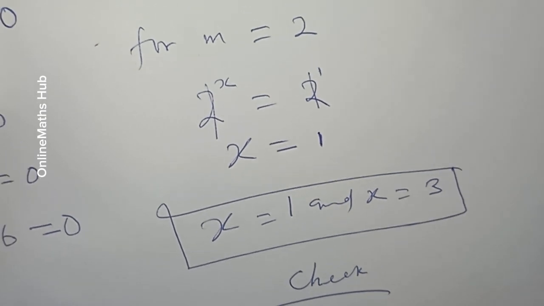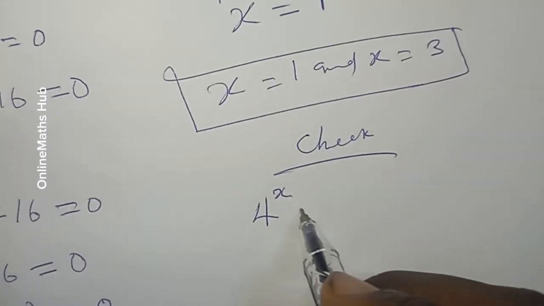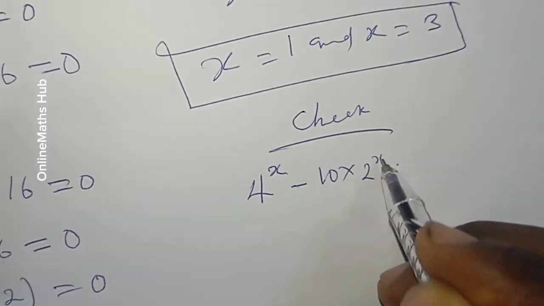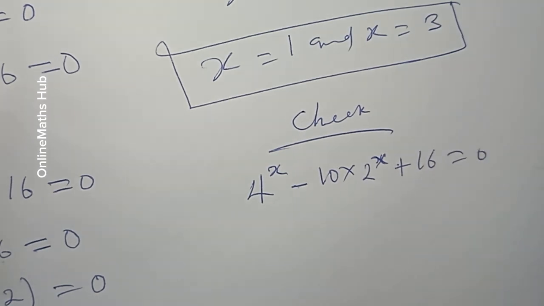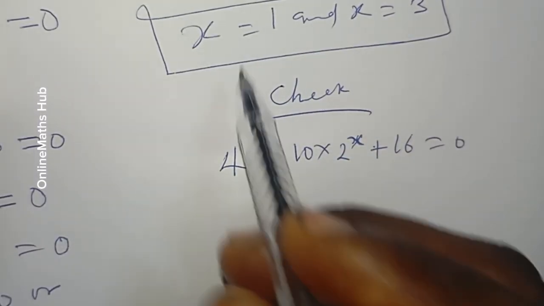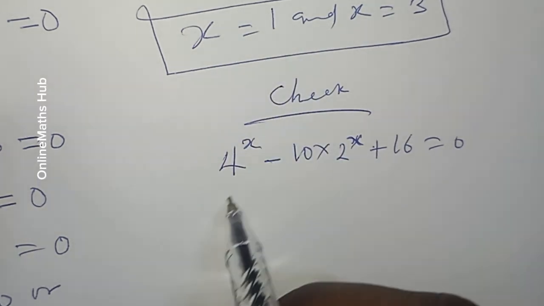The question we just solved is 4^x - 10 × 2^x + 16 = 0. We want to find out whether this is satisfied, so I'm going to go ahead and do that. You put in the value x = 1.